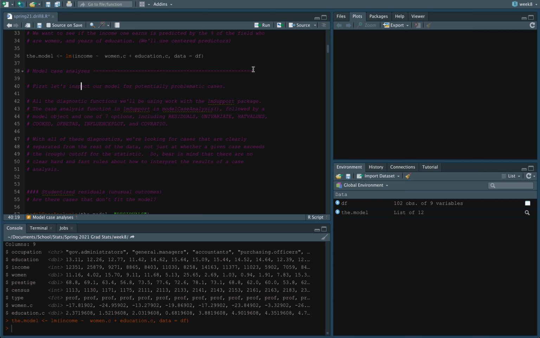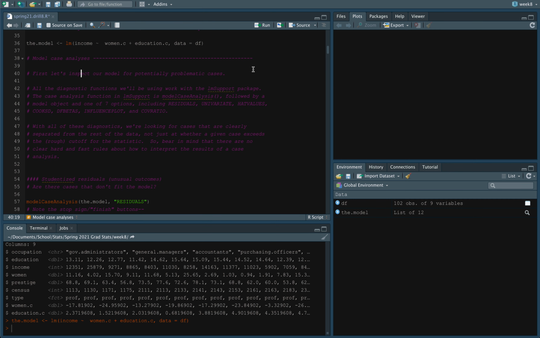All of these functions are going to be from the lmSupport package, and we're going to use the modelCaseAnalysis function, and then you can tell it what type of analysis you want to do. You can enter residuals, univariate, hat values, Cook's D, DFBETAs, influence plot, or COVRATIO.